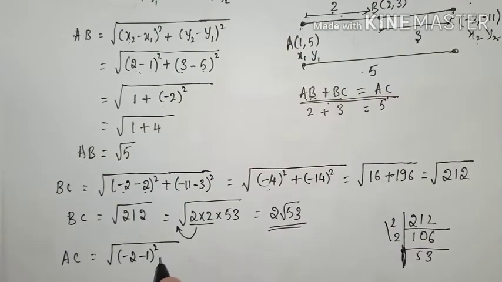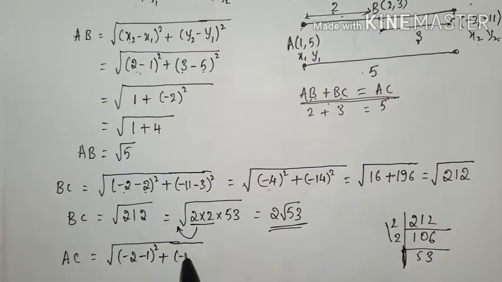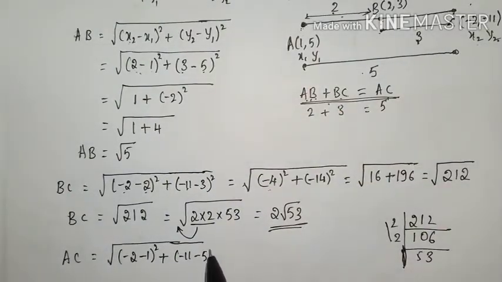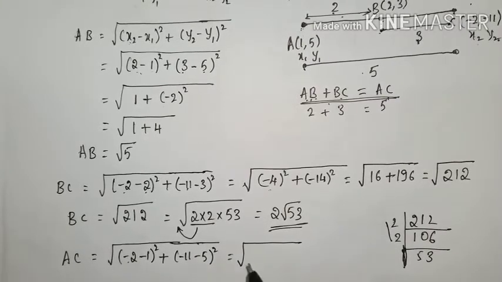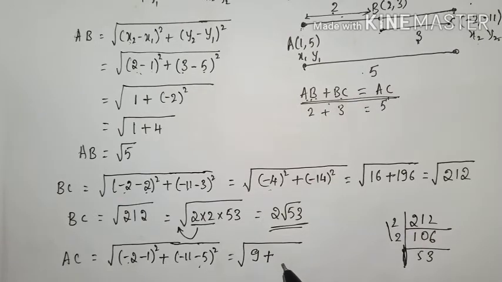Minus 1, whole square, plus y2 is minus 11, and minus y1 is 5. Now minus 2 minus 1 is minus 3, minus 3 whole square is 9, plus minus 11 minus 5, it is minus 16, minus 16 whole square is 256. I'm writing directly.